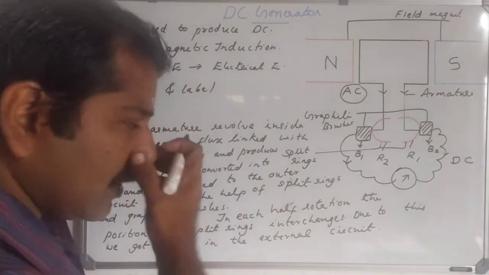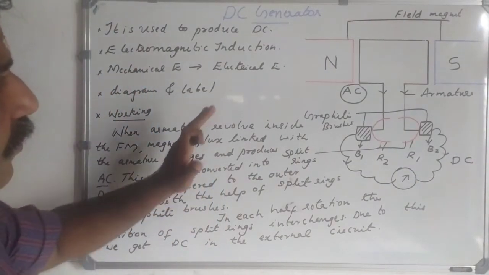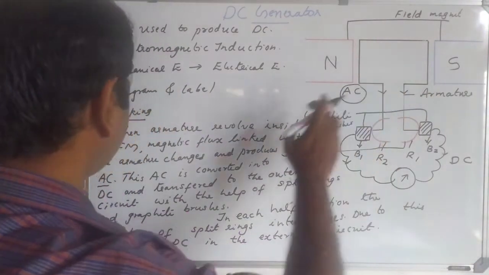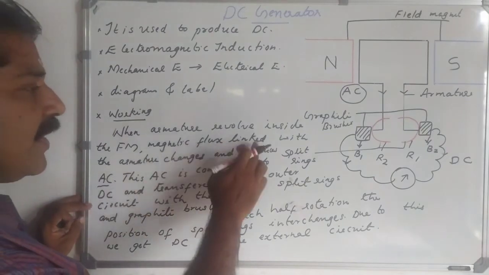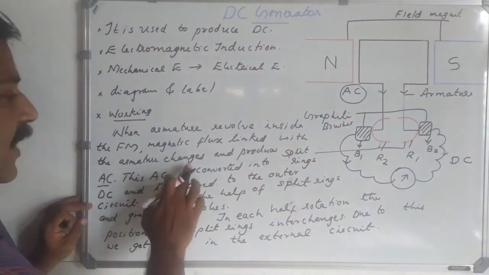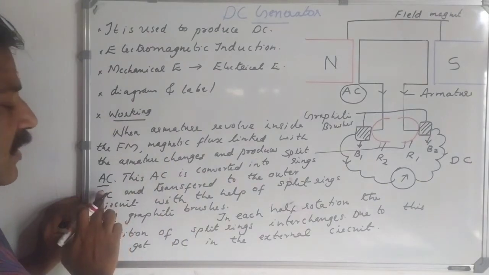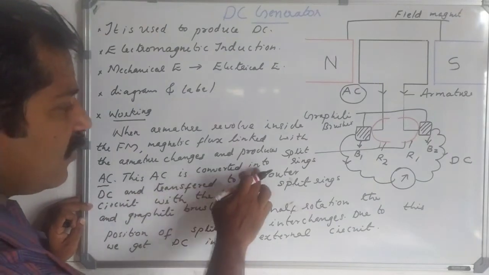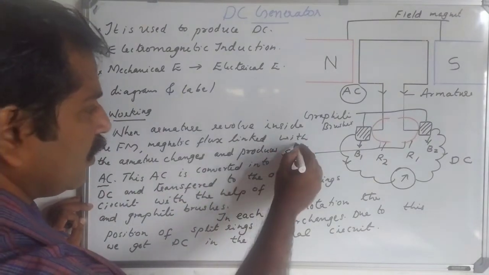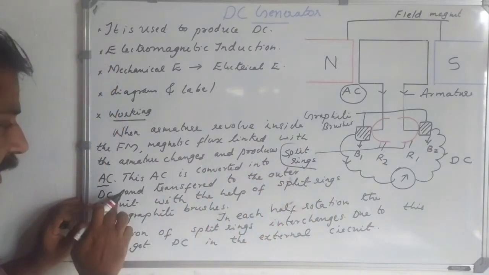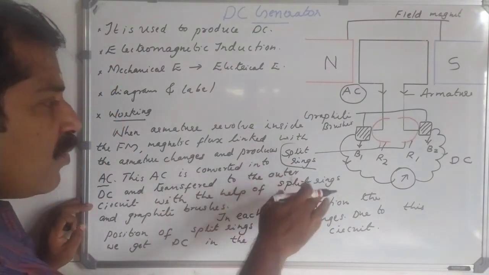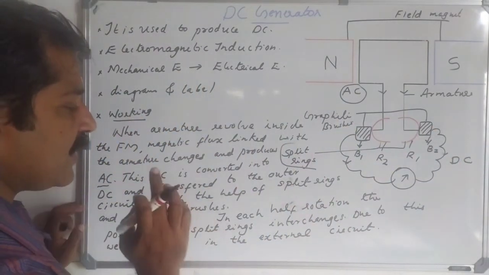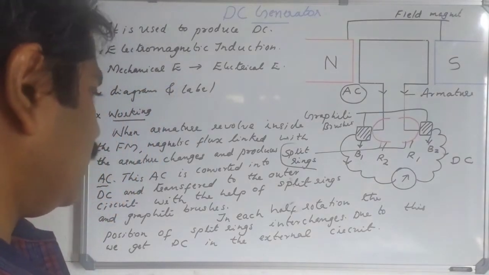We can write the working of the DC generator like this. When the armature revolves inside the field magnet, the magnetic flux linked with the armature changes and produces AC. This AC is converted into DC and transferred to the outer circuit with the help of split rings and graphite brushes.